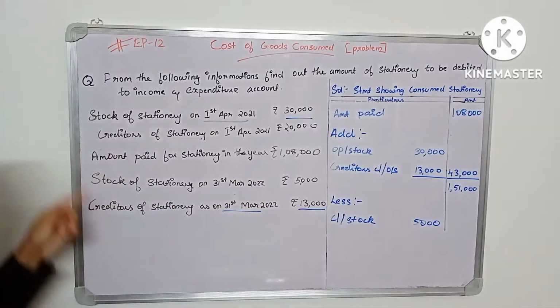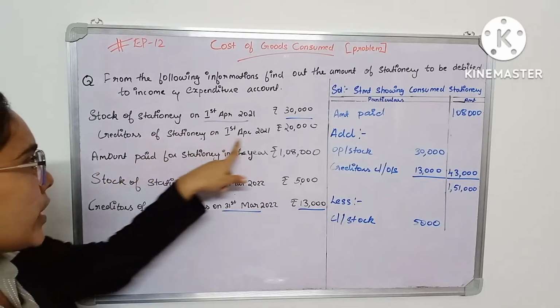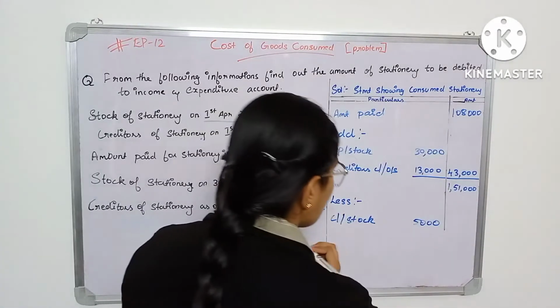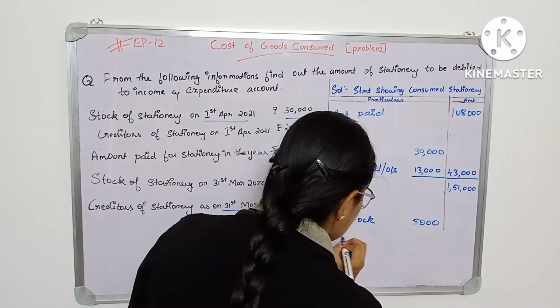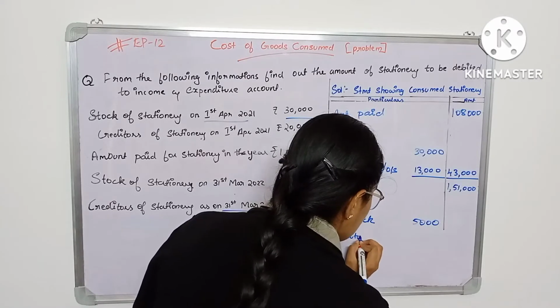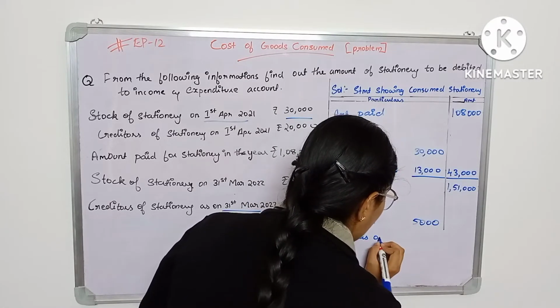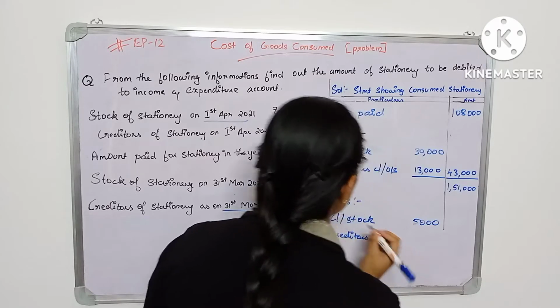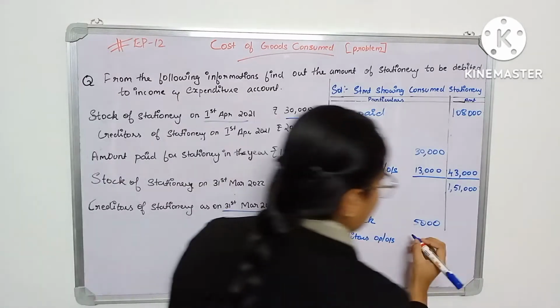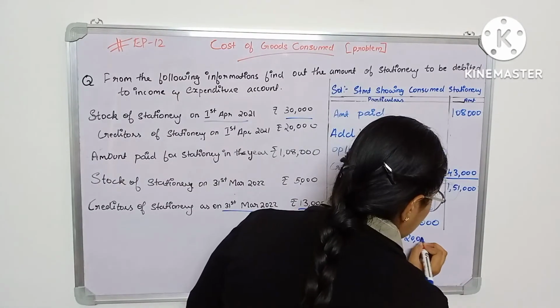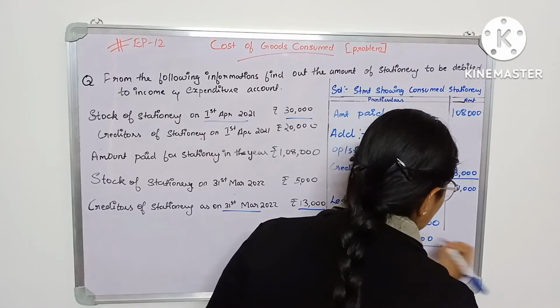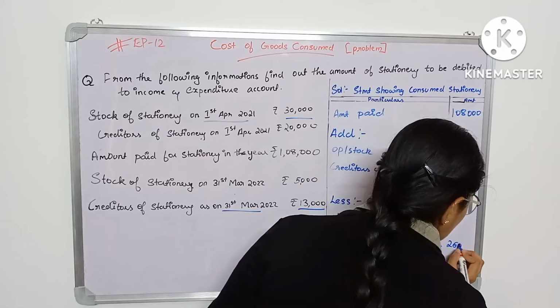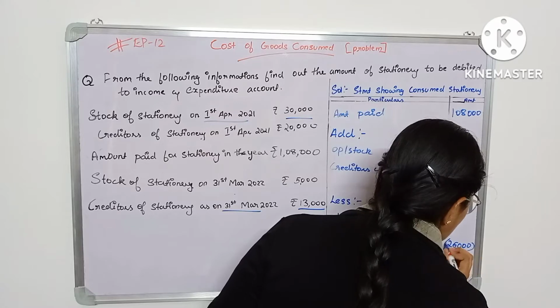Then what is the opening of creditors? Opening creditors, it is 20,000. So I'll write creditors opening outstanding. How much? 20,000. You get a total of 25,000, which should be subtracted.